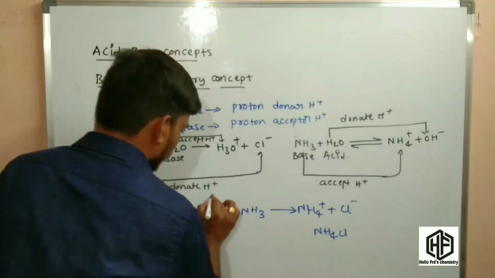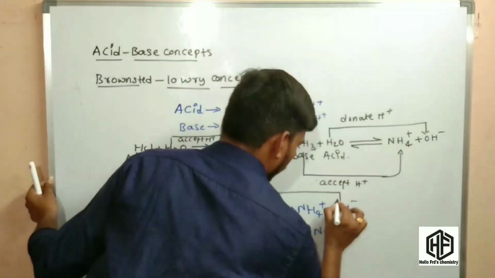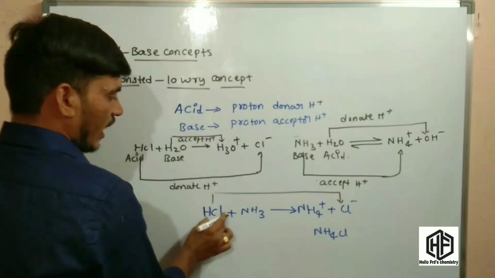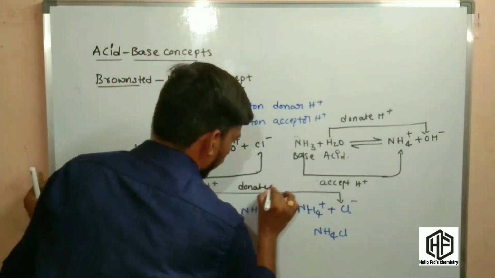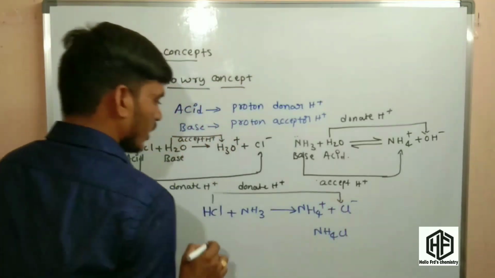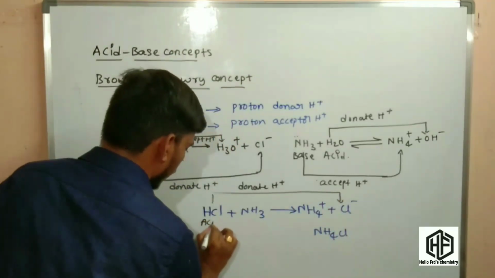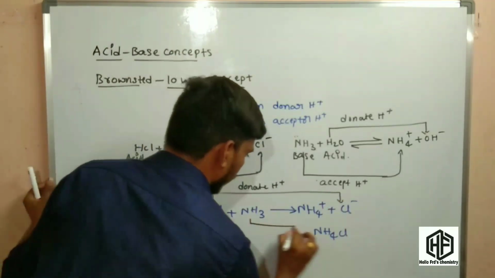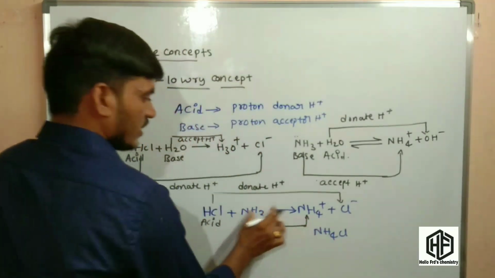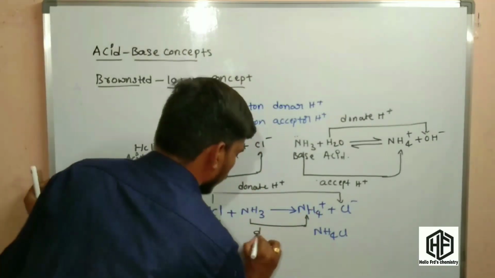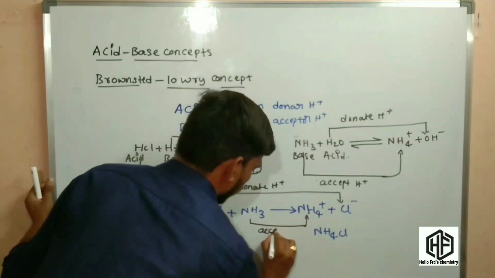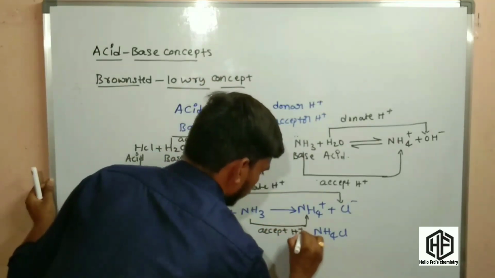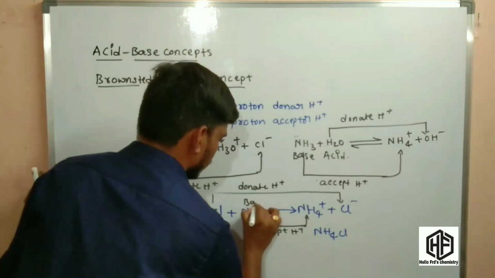HCl donates H plus to form Cl minus. This is called an acid, but NH3 is the proton acceptor of H plus. This is called a base.